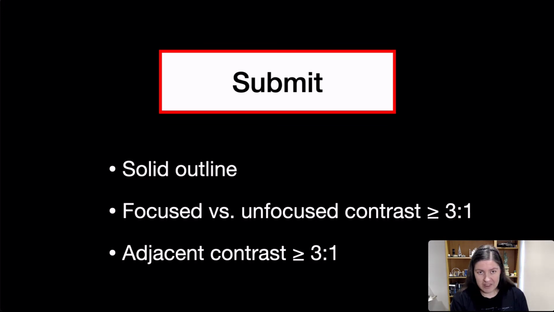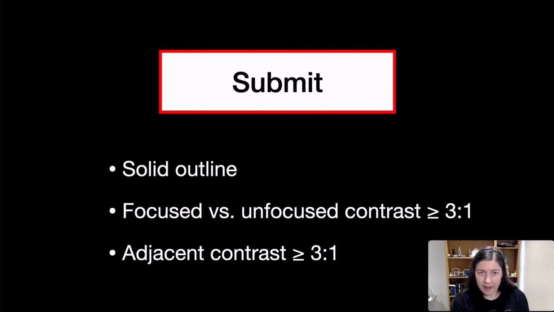In addition to that, I also need to make sure that the outline is clearly visible against its adjacent colors. And by adjacent colors, I mean the colors on either side of my solid outline.